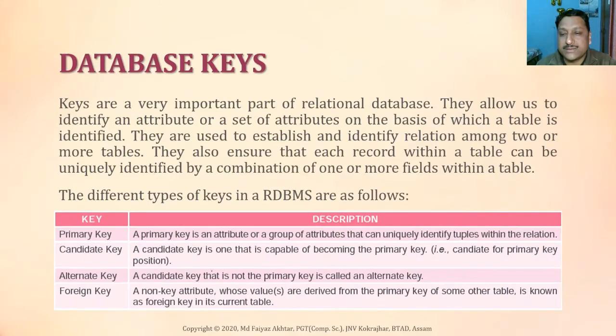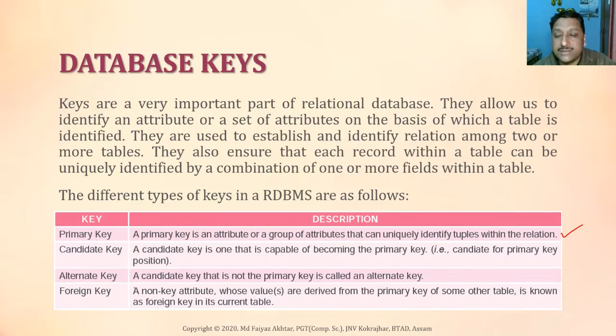Understand here, if you want to define a primary key in one sentence, you can define it like this: a primary key is an attribute or a group of attributes that can uniquely identify tuples within a relation. A candidate key is one that is capable of becoming the primary key, that is, a candidate for the primary key position.